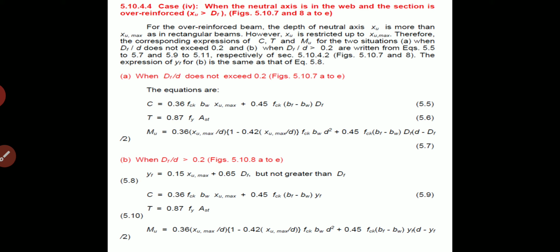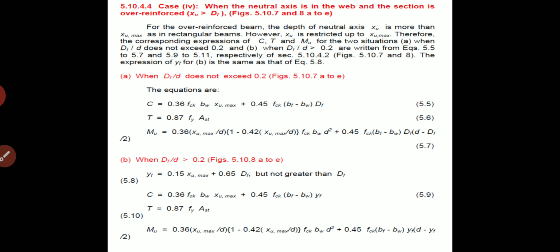In the second part, when Df by small d is greater than 0.2, here Yf equal to 0.15 Xu max plus 0.65 Df, but not greater than the depth of flange.